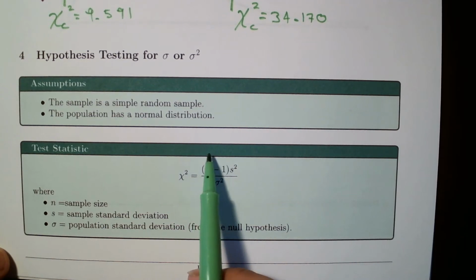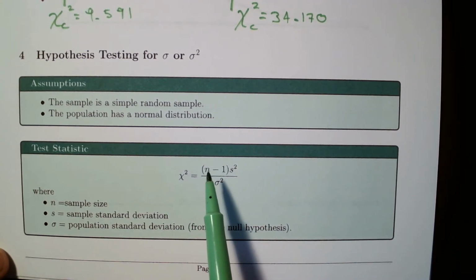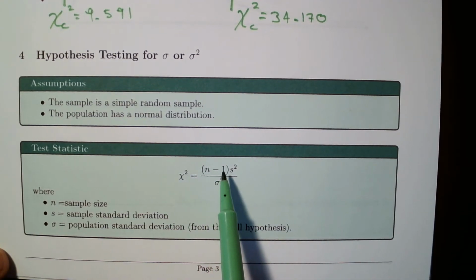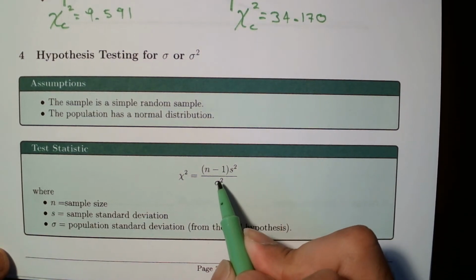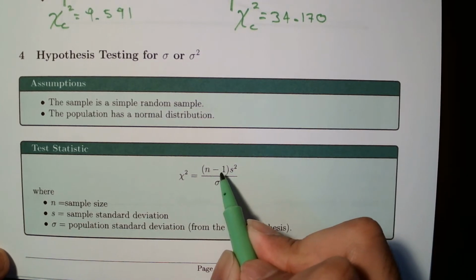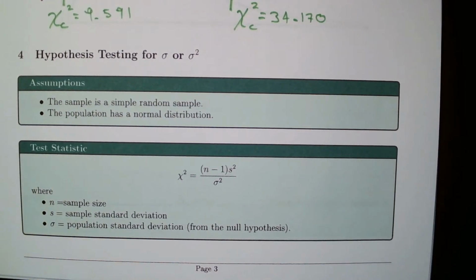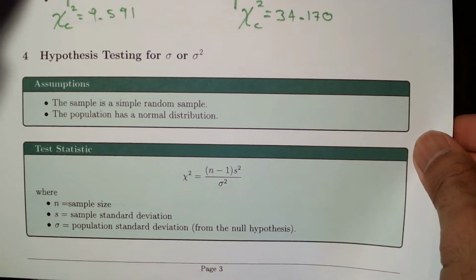The test statistic for chi-square is simply the sample size minus 1 times the sample standard deviation squared, divided by the population standard deviation squared. So those are the only parameters that we work with: sample size, sample standard deviation, and population standard deviation, which is actually from the null hypothesis. You will see how this works. All right, let's look at one example.